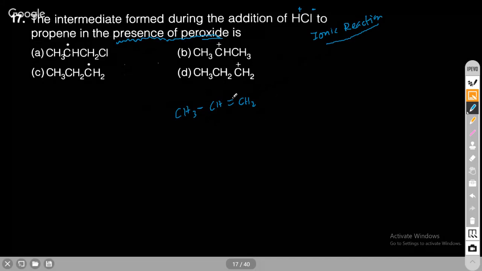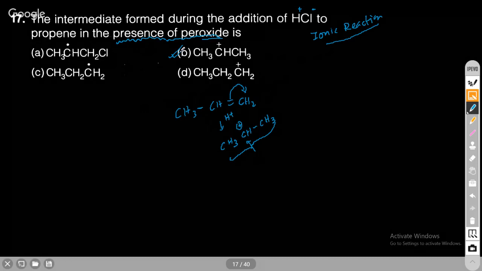So this bond pair will shift over here and we'll get a positive charge on this carbon atom. So we'll get CH3 CH plus CH3, right? This H plus will come over here. So this is the intermediate product we have, and finally Cl minus will attach, we'll get the final product. So the intermediate product will be what? Option B.